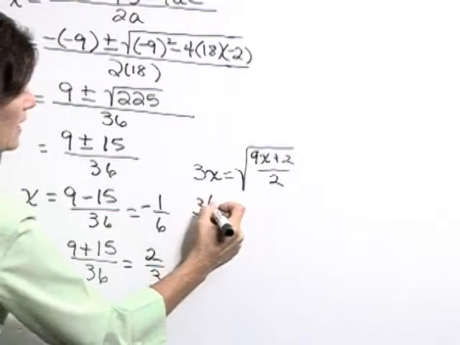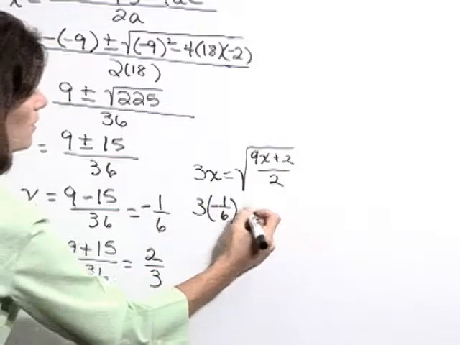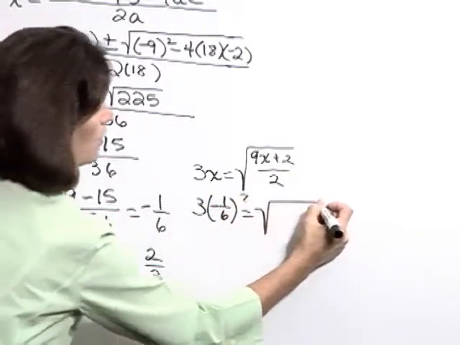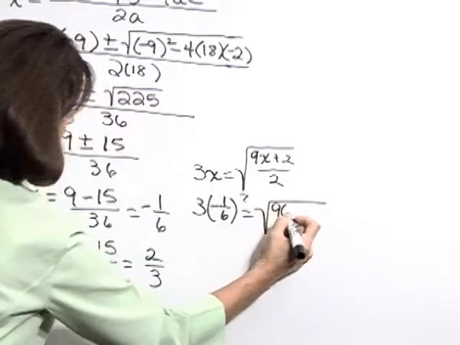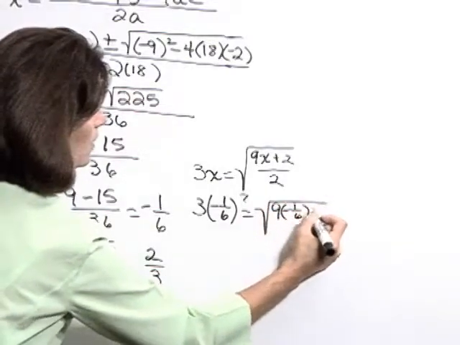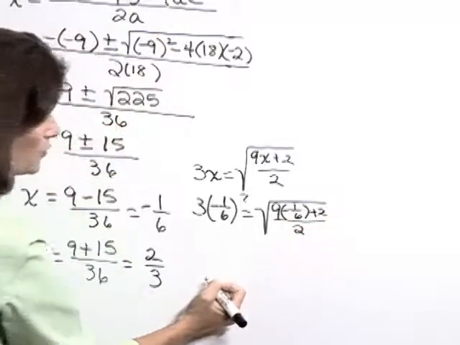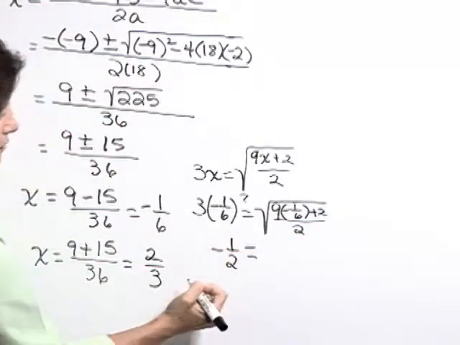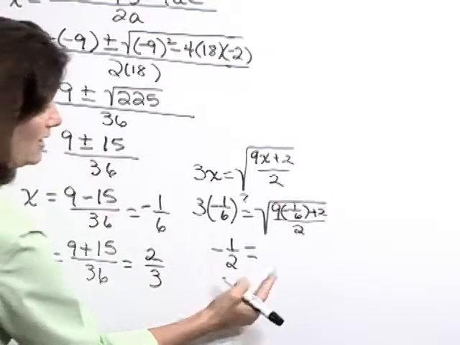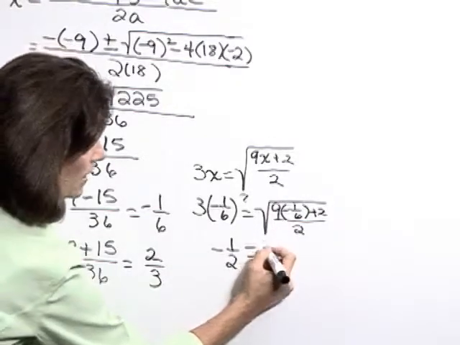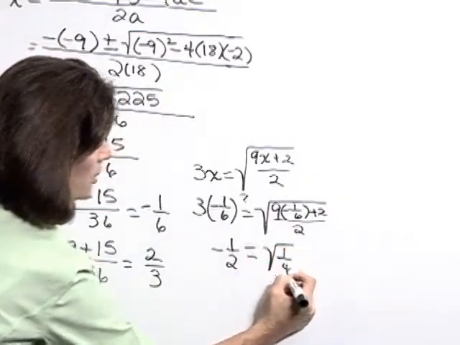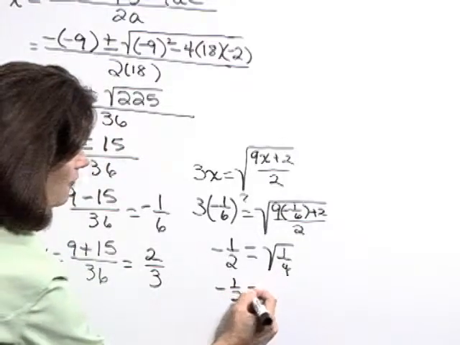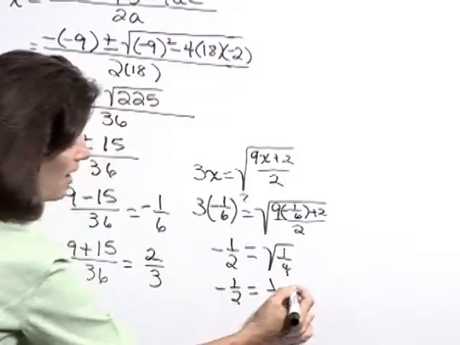So is 3 times negative 1/6 equal to the square root of (9 times negative 1/6 plus 2) over 2? On the left, that's negative 1/2. On the right, underneath our radical, we're going to get 1/4. So is negative 1/2 equal to positive 1/2?